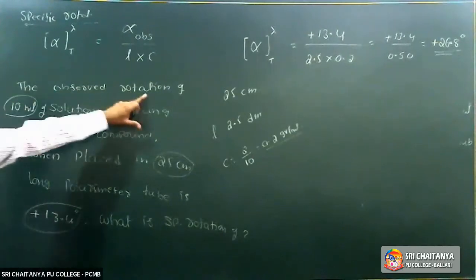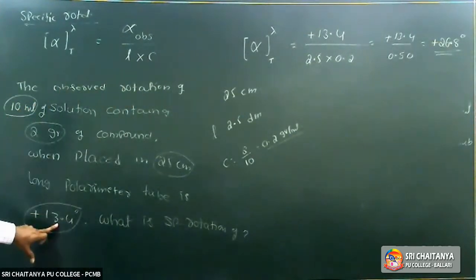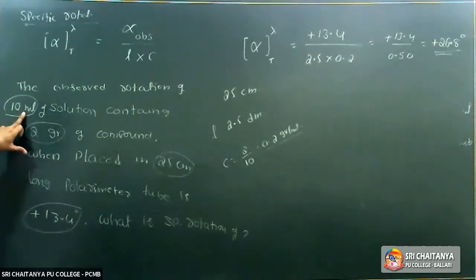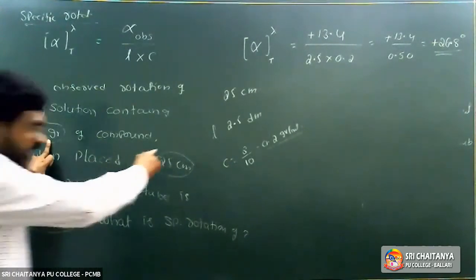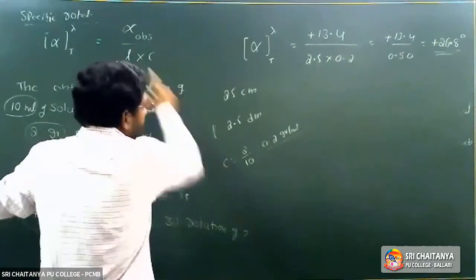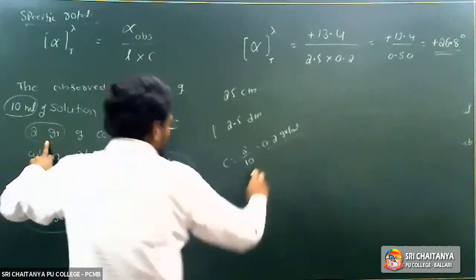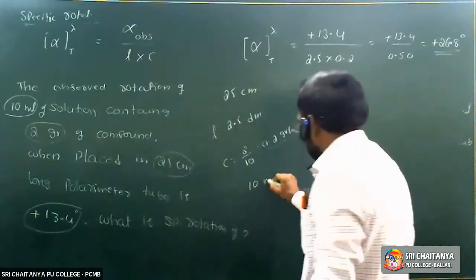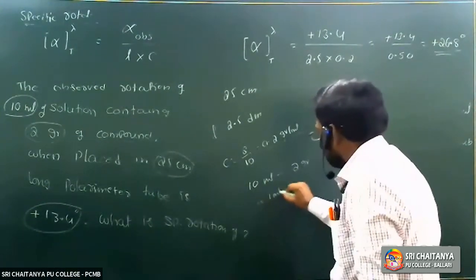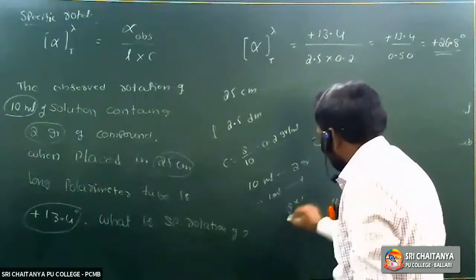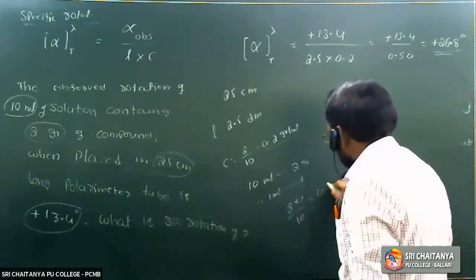The observed rotation value is given as 13.4. Volume of solution is 10 ml, weight of substance 2 grams. In this formula we use concentration in gram per milliliter. 10 ml of solution contains 2 grams of substance, therefore 1 ml contains 2 into 1 by 10, that is 0.2.